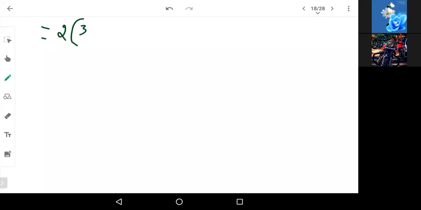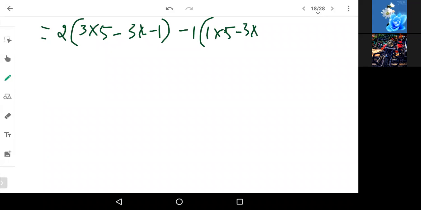So you will have 3 into 5 minus 3 into −1. Then again minus 1 into 5 minus 3 into 3. Then again plus 6 into, no, I'll take it like this, 1 into −1 minus 3 into 3.